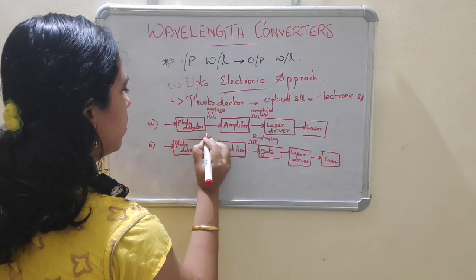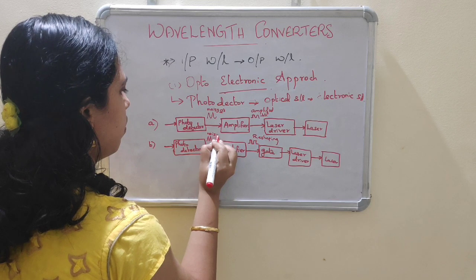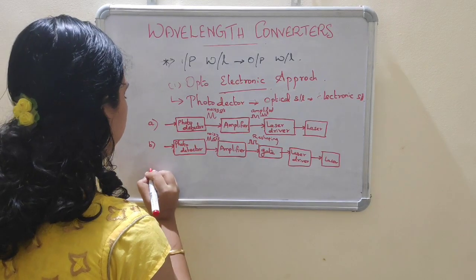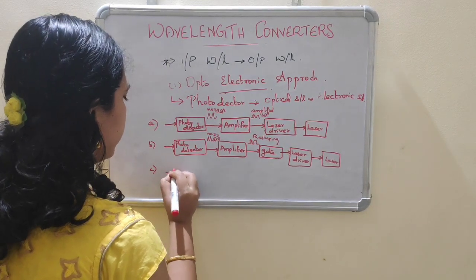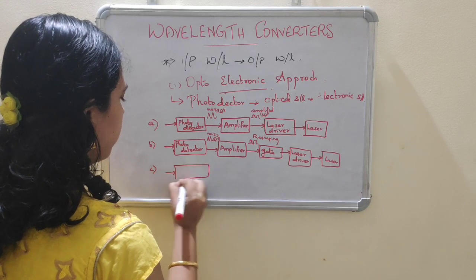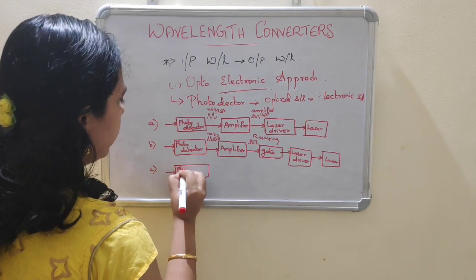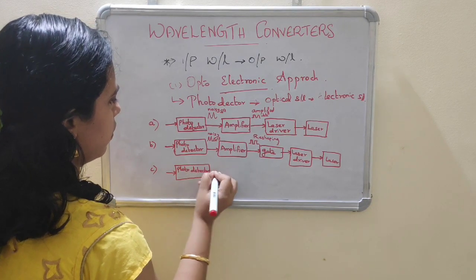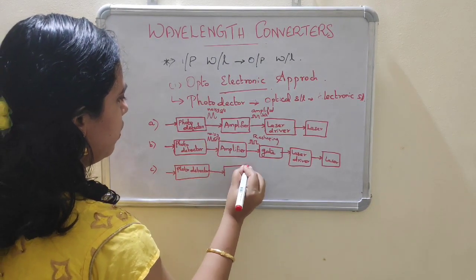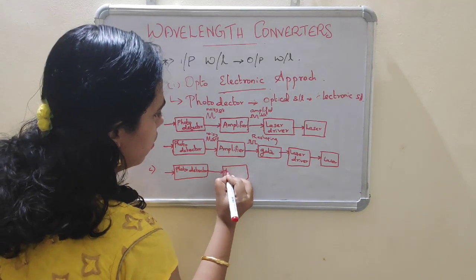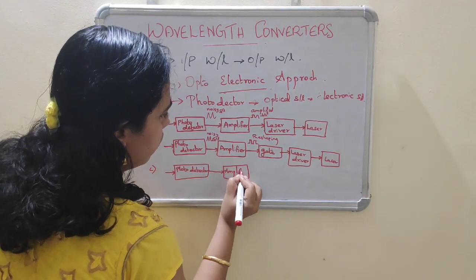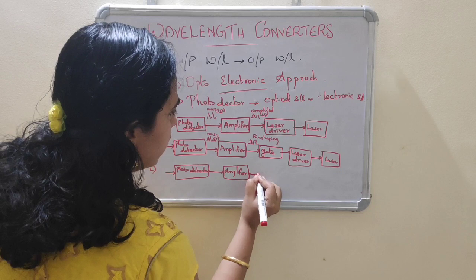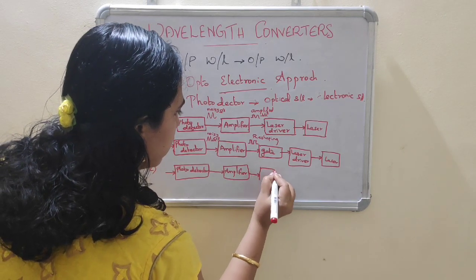Here, noisy signal. And the third type is with reshaping and retiming. Photodetector, amplifier, and here gate.